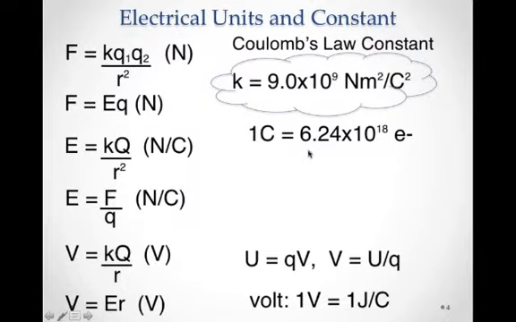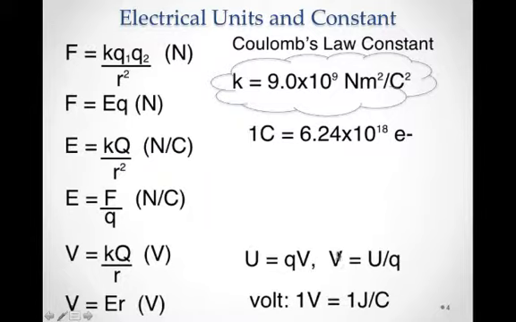A coulomb is 6.24 times 10 to the 18th electrical charges. So that's 6, 2, 4, and 16 zeros after it. Again, that's a huge amount of charge. Now let's look at the volt. To understand a volt, electrical potential energy is equal to charge times the electrical potential.